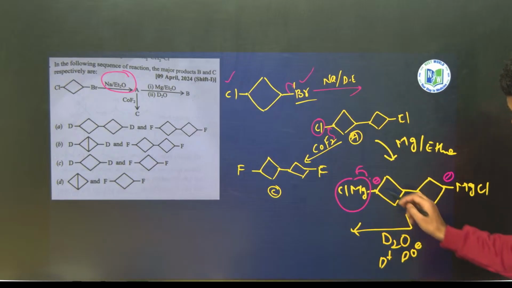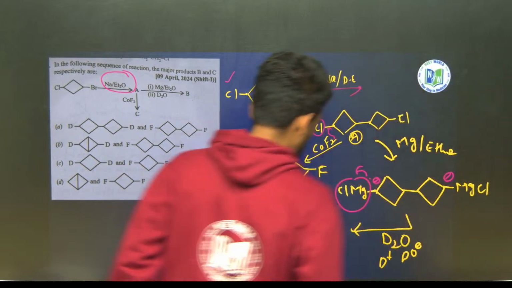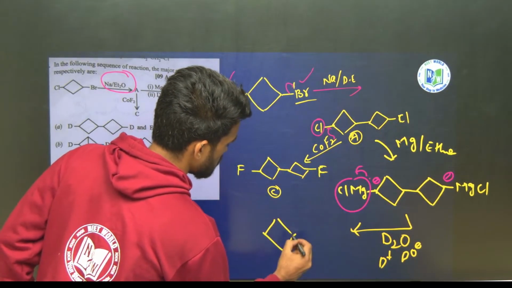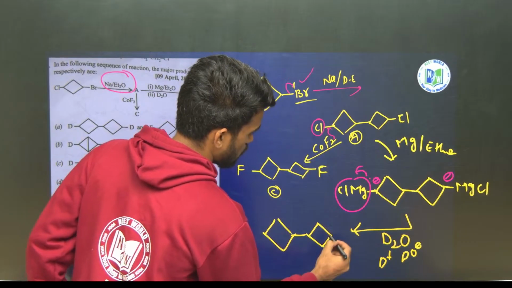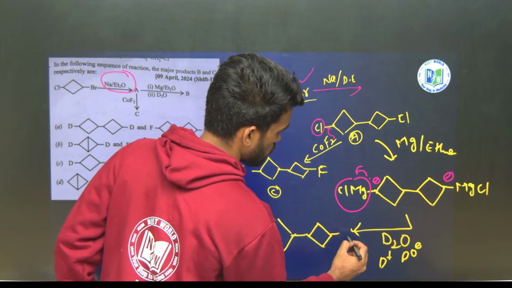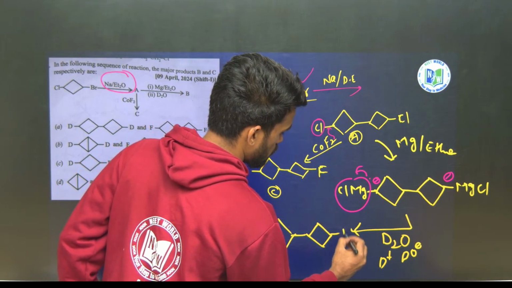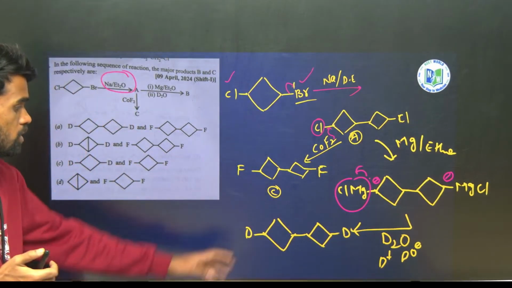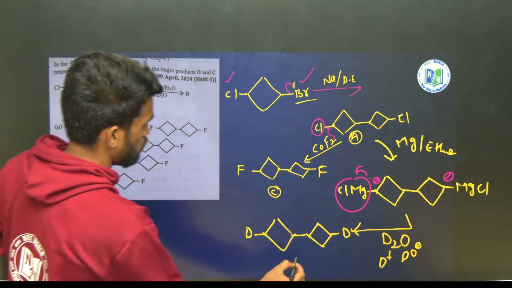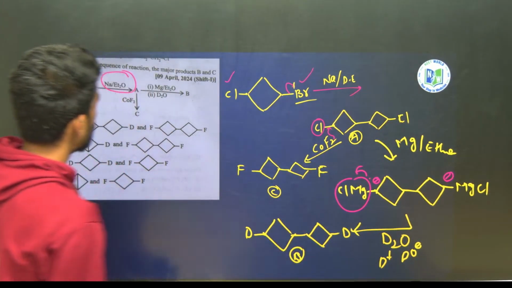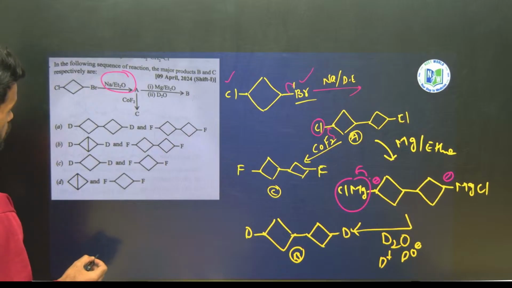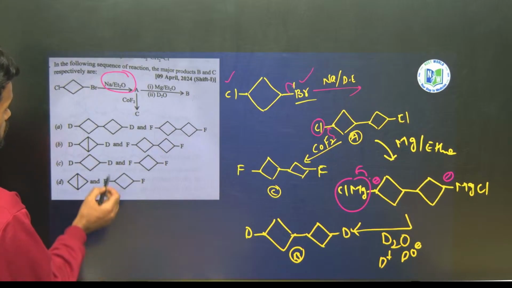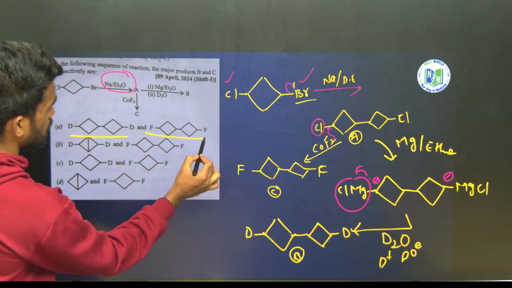So this D plus will be inserted here and we will get a simple nucleophilic addition here, D here. So this kind of product is formed here. So these two products, this is B, okay. So look at the options, see here we have B here and C here.